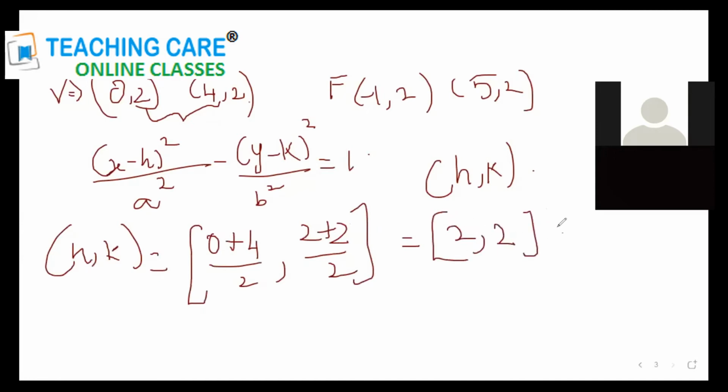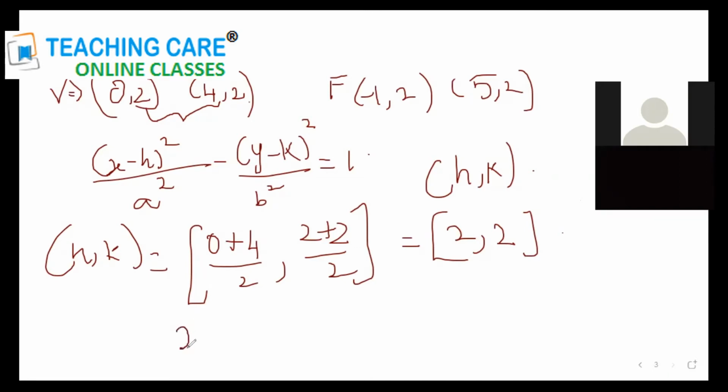Good. Next, I'm going to find a squared, then b squared and c squared. For finding these, this is the horizontal axis. I have already told you that when it is along the horizontal axis, the length will be 2a.